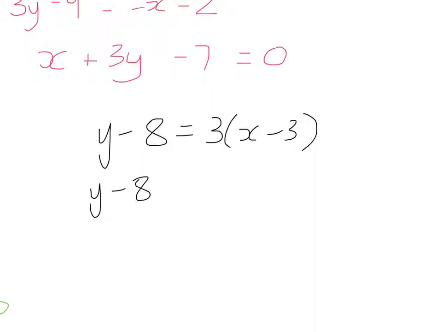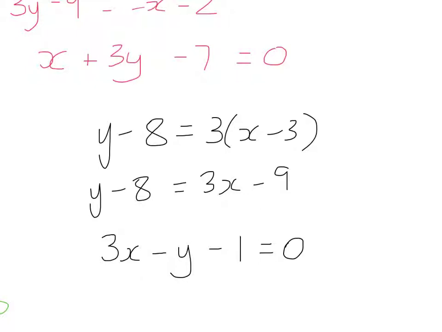Simplifying, y minus 8 equals 3x minus 9, and pulling everything onto one side, I get 3x minus y minus 1 equals 0. Again, I've got two equations now to work out D through the intersection of those lines.